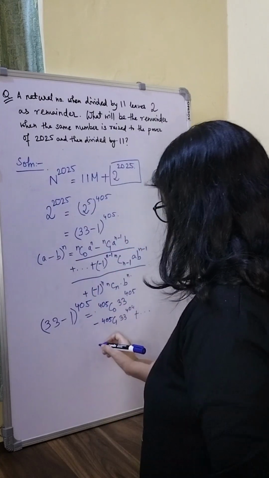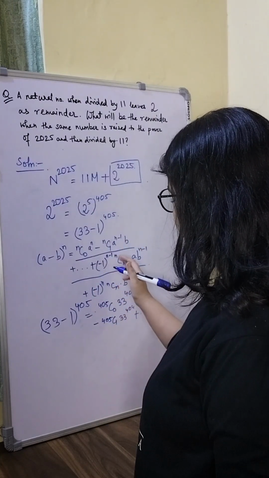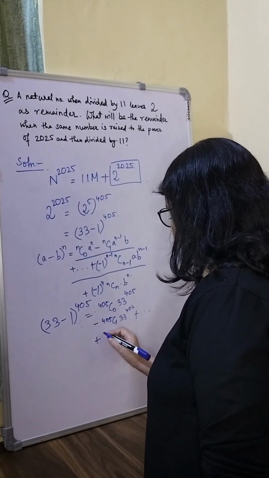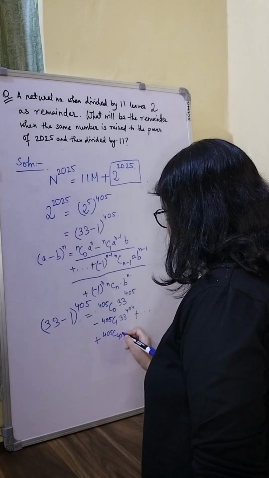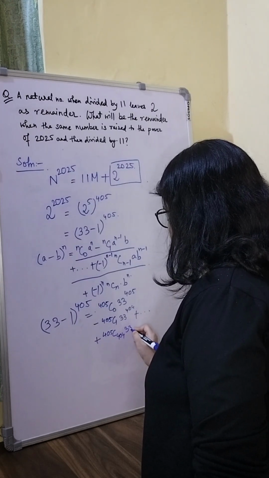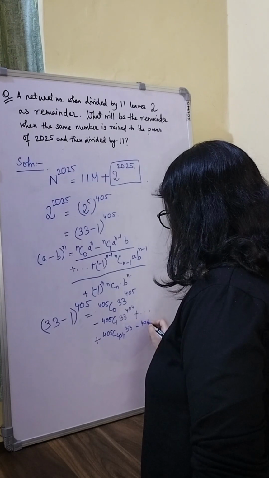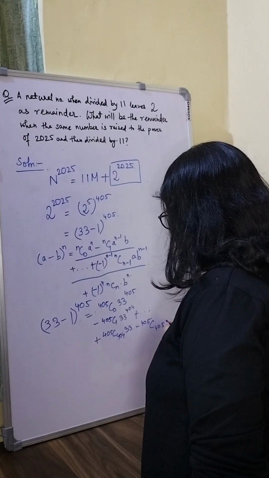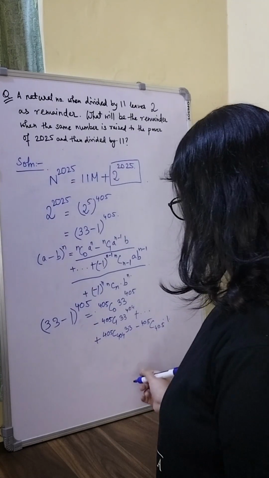Then the second last term, which is minus 1 whole to the power 404, which is a plus, 405C404 33, minus 405C405 into 1. Okay?